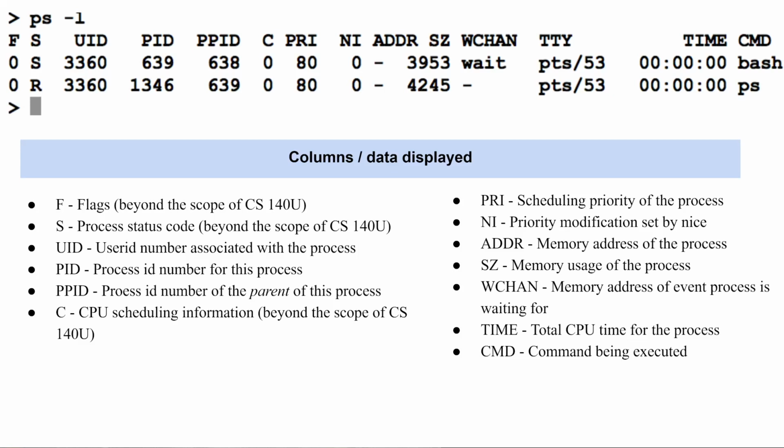WCHAN has a wait value in line 1 and a dash here. Then how much CPU time has been used, and then the actual command. So PS with no options gives 4 columns, and PS -L gives 1, 2, 3, 4, 5, 6, 7, 8, 9, 10, more than 4. Okay.